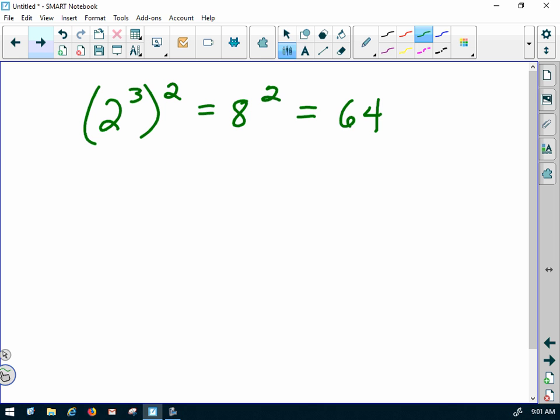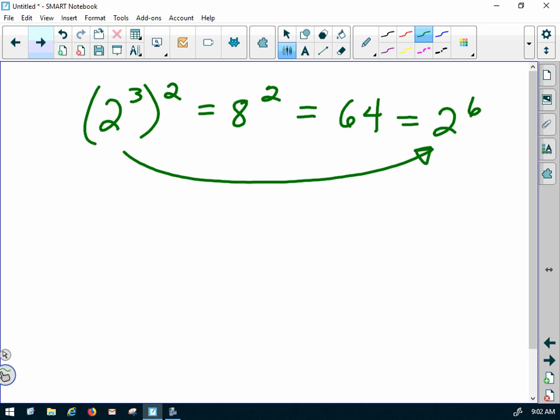Now, I want you to think of this. Let's get on your fingers. We're going to start multiplying by 2. 2 times 2 is 4, times 2 is 8, times 2 is 16, times 2 is 32, times 2. 2 to the sixth power is 64. How could we have gotten from here to here? Because you multiply 3 times 2.